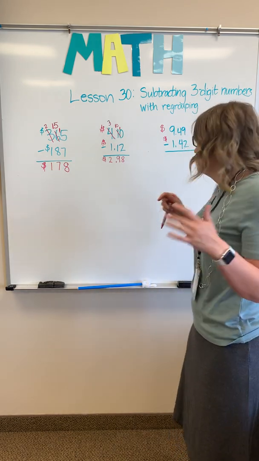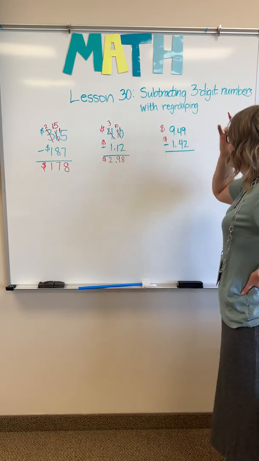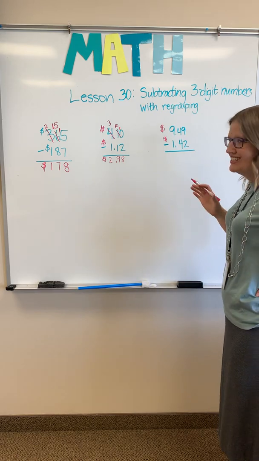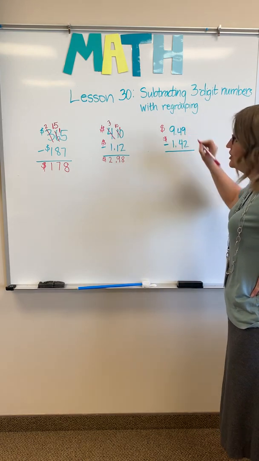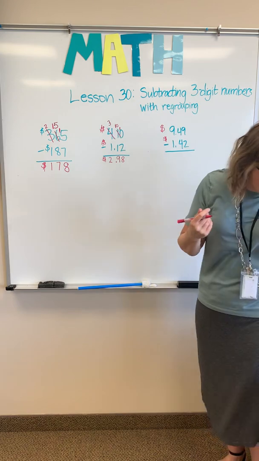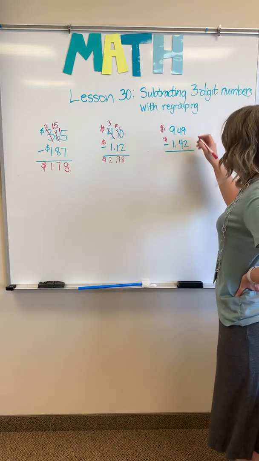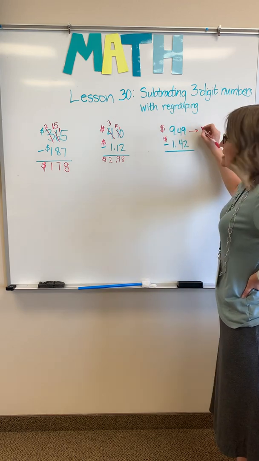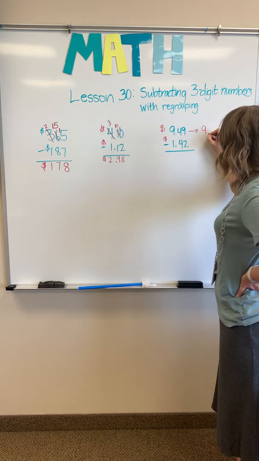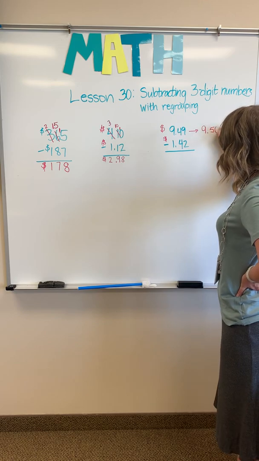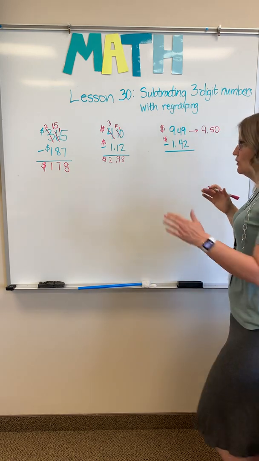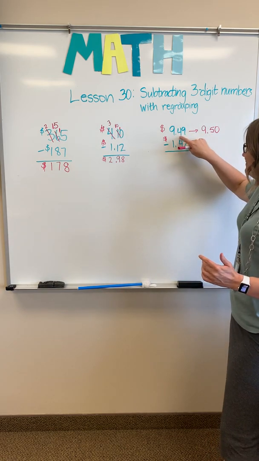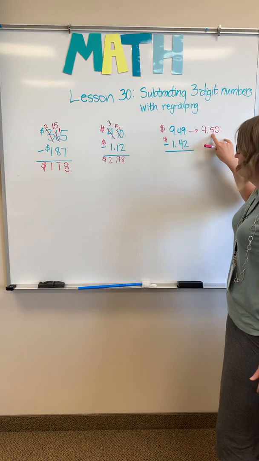And so I'm going to look at this and say to myself, do I really want to do all these numbers? Not really. So I'm going to use what's called a compatible number. So I can say that $9.49 is about $9.50. This is a little different than rounding because we're not doing the official rounding part, but we are saying $9.49 is about $9.50.